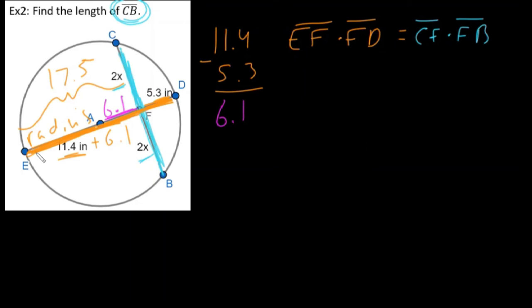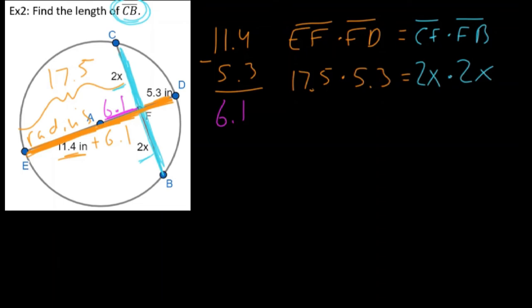So let's see. Going back to this UT burnt orange, I know that EF is in fact 17.5 times, I know that FD is 5.3, and this will be equal to, of course, over here back in the teal, CF, which is 2x, times FB, which is also 2x.